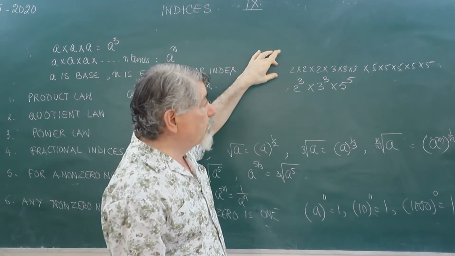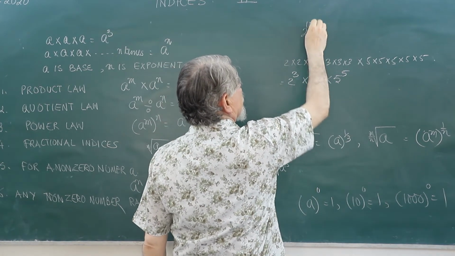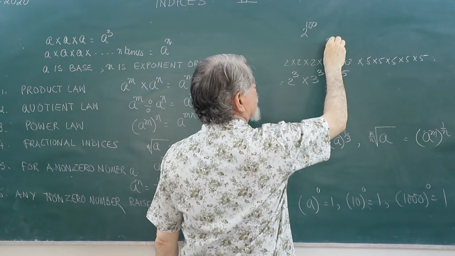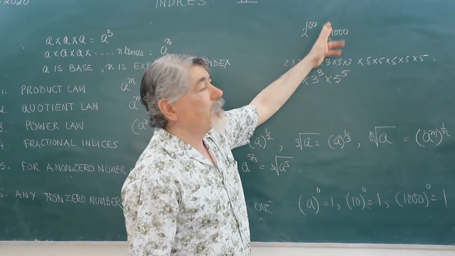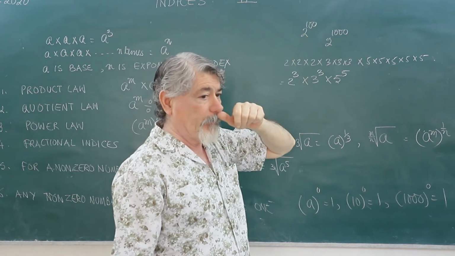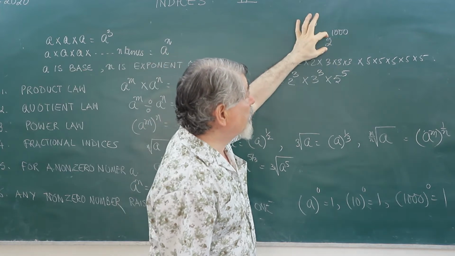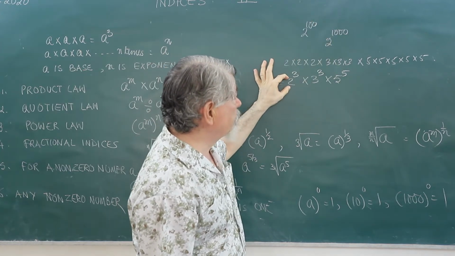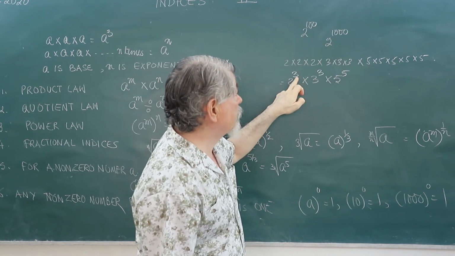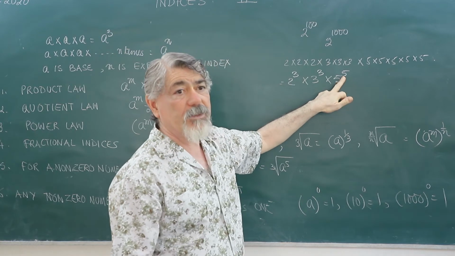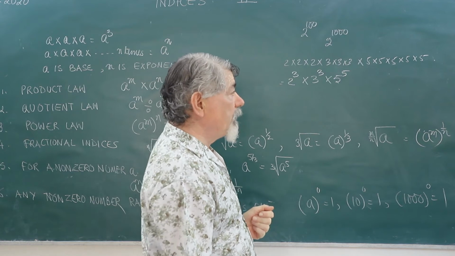We are talking of only 2 to the power 5, but it could be 2 to the power 100 or 2 to the power 1000. When we have very large numbers, then we put the power as many as we like. Here 2 is the base, 3 is the base, 5 is the base, and 100, 1000 or 3 or 5 is called the exponent, or it is also called index.